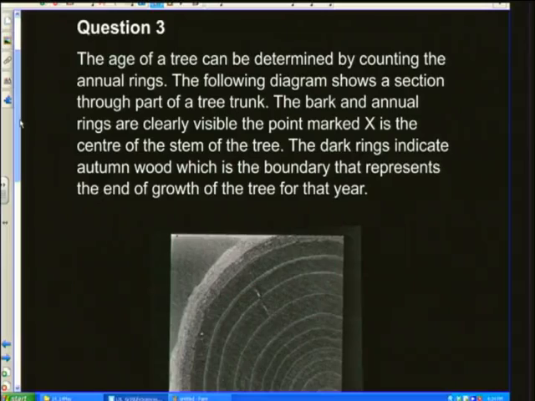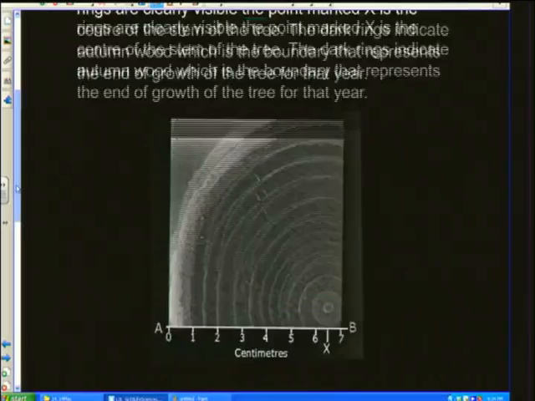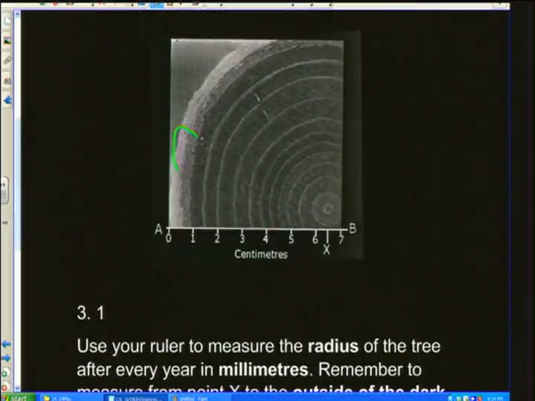The age of a tree can be determined by counting the annual rings. The following diagram shows a section through part of a tree trunk. The bark and annual rings are clearly visible. Here is the bark, and there would be the beginning of the xylem.